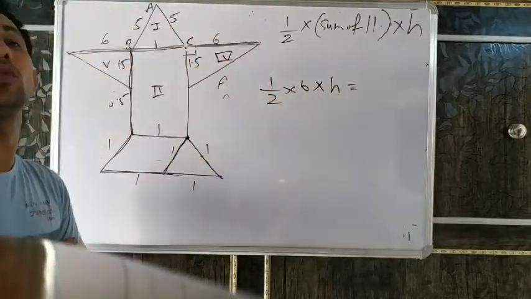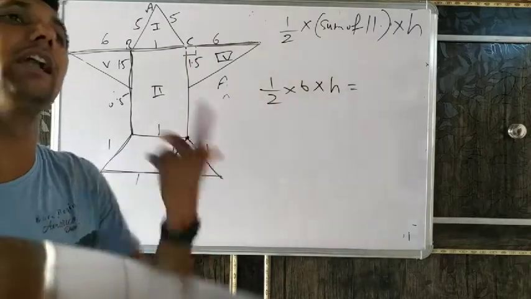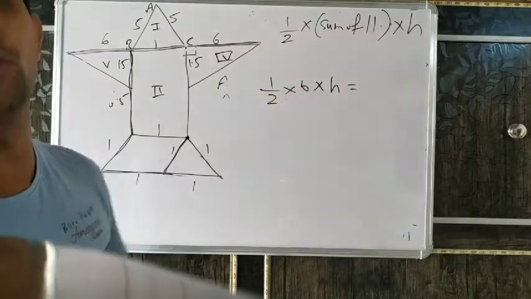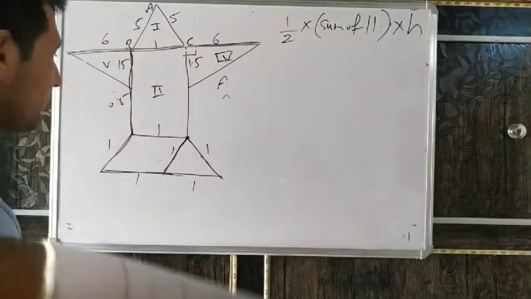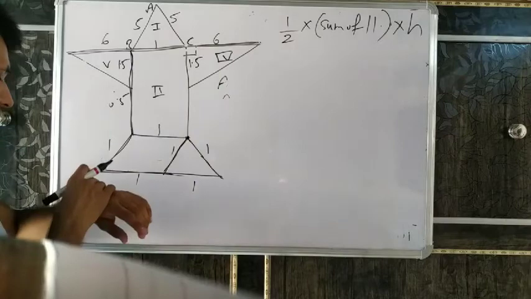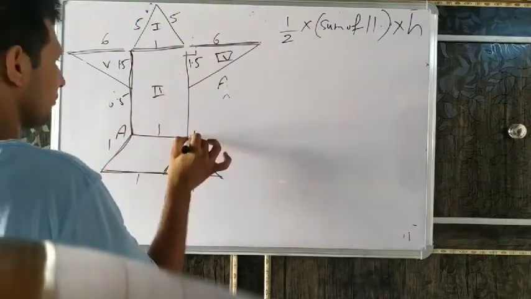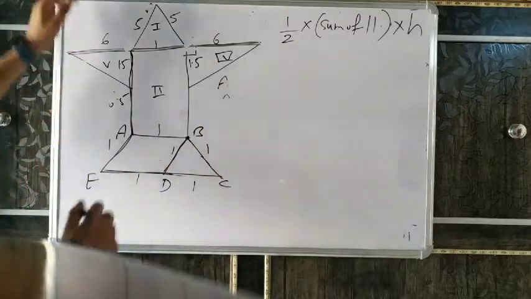We know two formulas for finding the area of a triangle, and both give the area, so we can put both equal. Very good. If you want, we can give names. Suppose it is A, B, C, D, E.